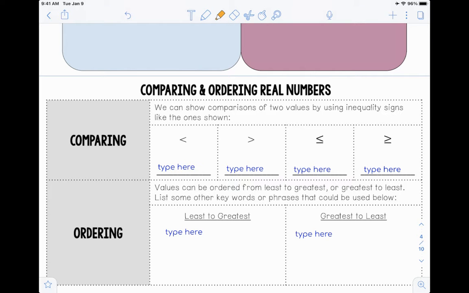And remember, this is the less than, greater than, this one's less than or equal to, so that one dash, you can see it right there. So that means less than or equal to. And then this one is greater than or equal to.